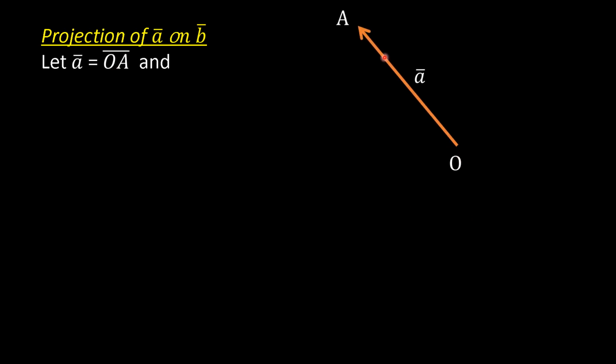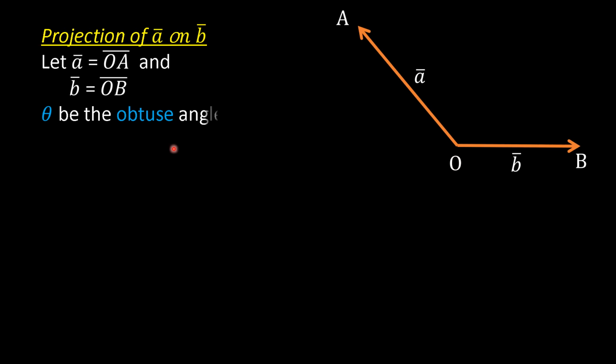We will see the projection of A bar on B bar when the angle between A bar and B bar is obtuse. Let A bar equals OA bar and B bar equals OB bar. Let theta be the obtuse angle between A bar and B bar.